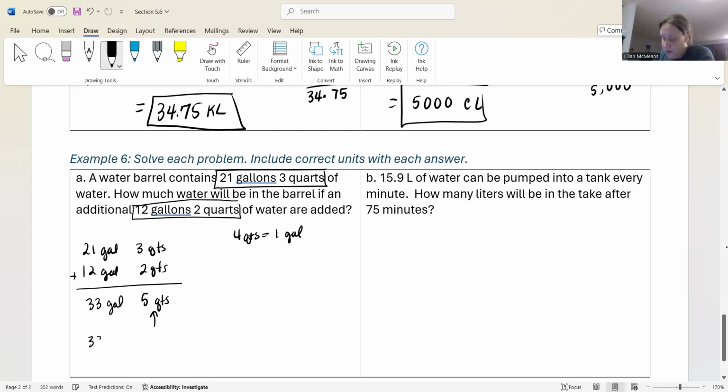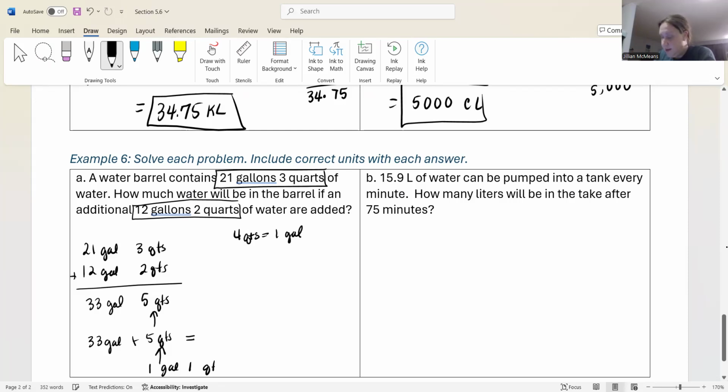So think of this as 33 gallons plus 5 quarts, but 5 quarts could really be thought of as 1 gallon, 1 quart. So remember, 1 gallon is really 4 quarts. So I can take 4 whole quarts out of 5 quarts and call it a gallon.